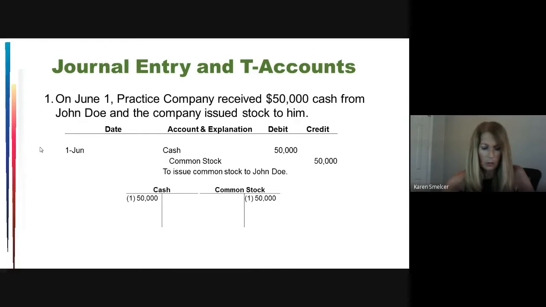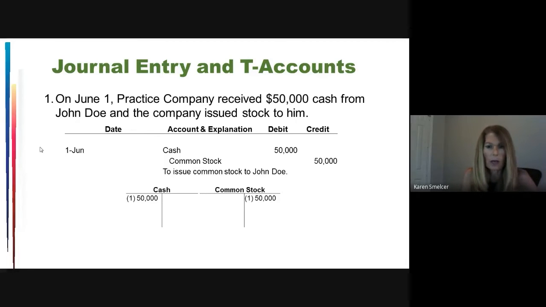So on this screen, you should see the actual journal entry and the T accounts. So I just repeated the question on the top, but the journal entry, we have a date of June 1st here, and because we are receiving cash, we're increasing that asset. And if you remember back from about my second screen, to increase an asset, we need to debit that account.